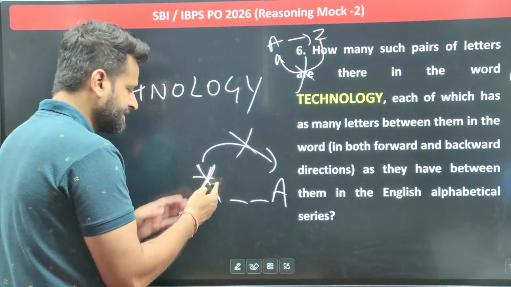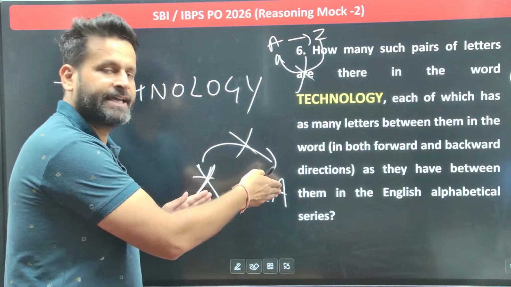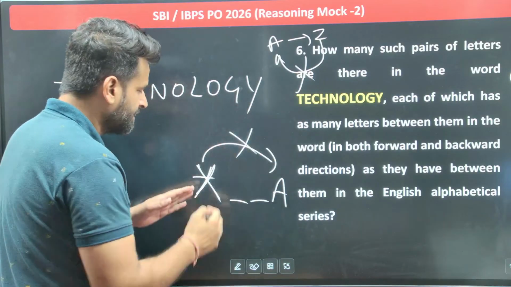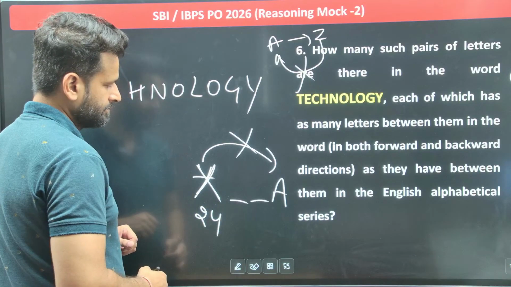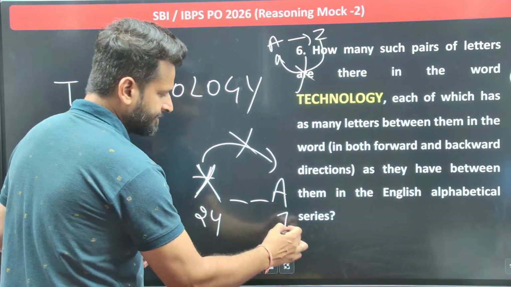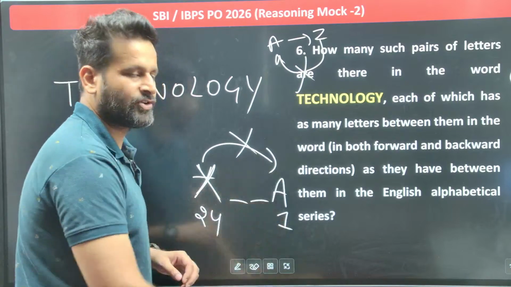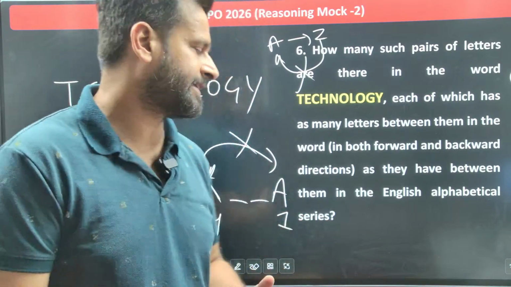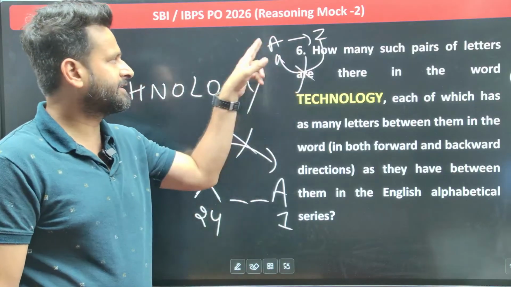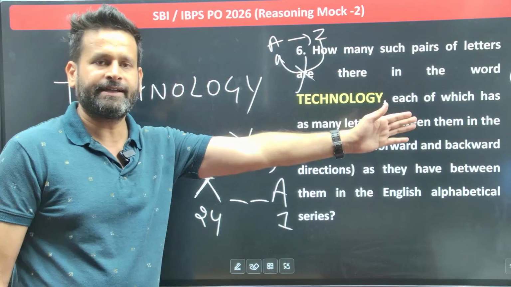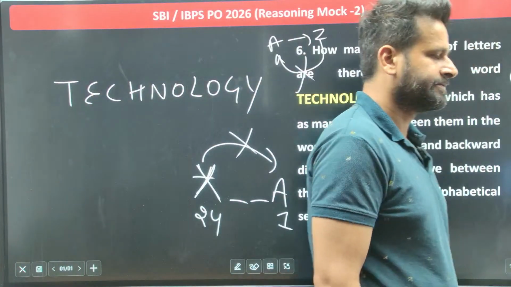Because you thought, sir, this is X. After X, it will be Y, then Z, then A. गलत हो गया. Why this is wrong? Because place value of X is 24. X, Y, Z. हाँ ठीक है. A is 1. So after 24, it has to be 25, 26, 27. But we do not have a 27th letter. So that's why when you are going by alphabetical order, keep this thing in mind. You have to go from A to Z and not again from Z to A. Take care of this thing, right?